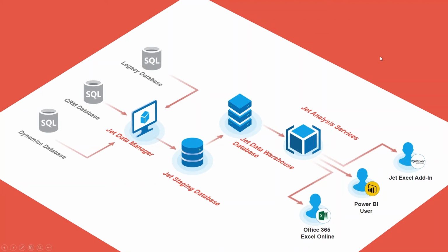And so now you can use the data warehouse, you can use the cube, and really now it's up to you. Do I want to do financial reporting in Excel? Do I want to do reporting on operational or financial information on the web? Do I want to use Power BI? And so these are all three very real, relevant options that our clients are presented with when they have made an investment in Jet Analytics.